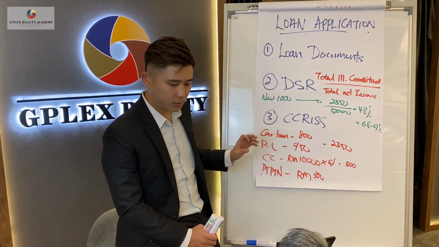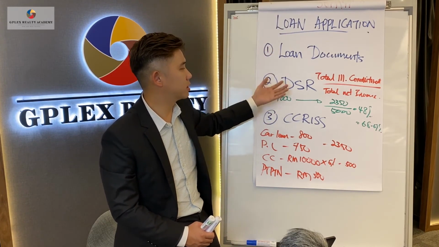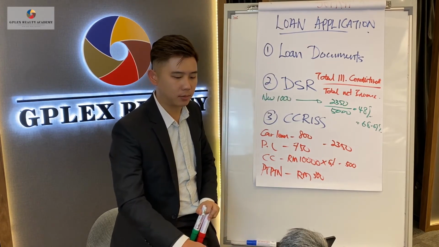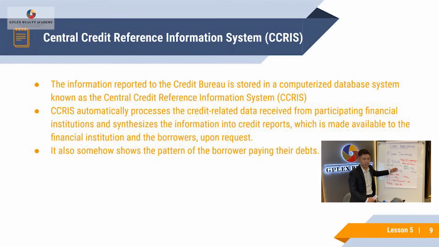After you have the valid documents, and after you check the DSR and everything is good to go, the last part we need to see is the CCRIS. CCRIS stands for Central Credit Reference Information System. It is to trace your record, your repayment behavior, whether or not you are paying those commitments accordingly.